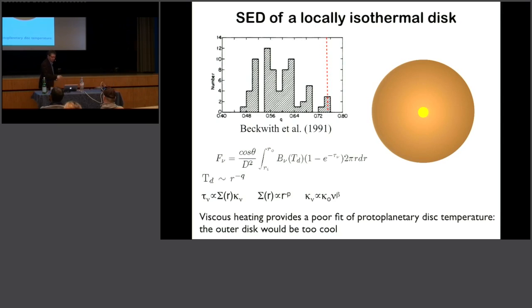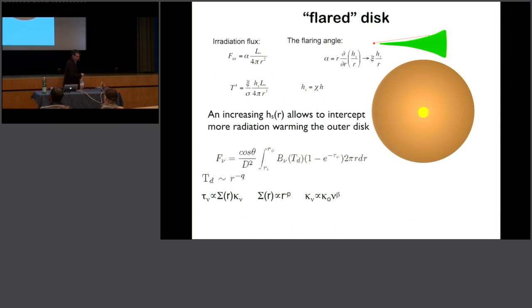And the same, by the way, is the profile that you expect for a disk that is not heated internally, but is heated externally from the star, and is geometrically thin. Okay, so the irradiation goes down as you go in the outer disk. To explain these temperature profiles with 0.5, you need to heat up the outer disk essentially, because the temperature profile is shallower than you expect.